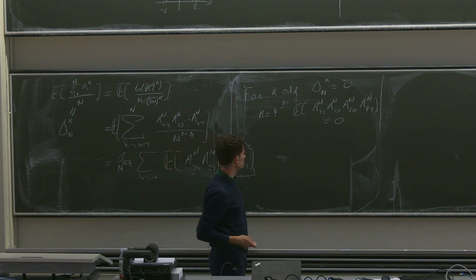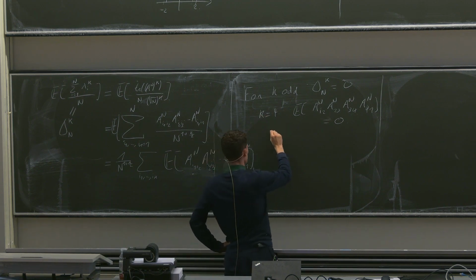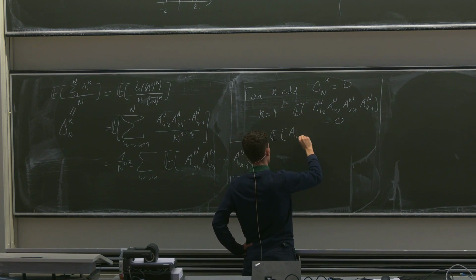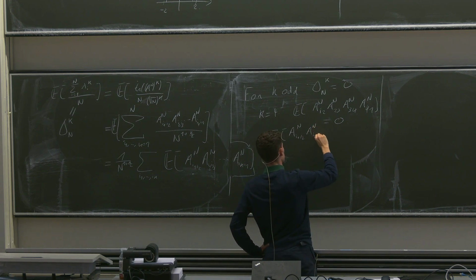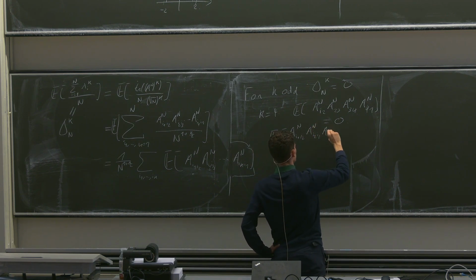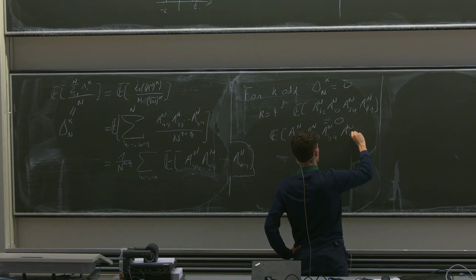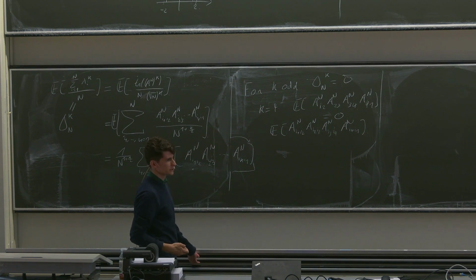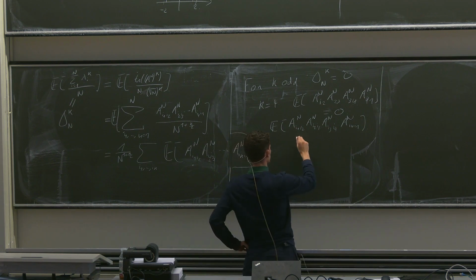So let's keep studying this case, k equals 4. In general, the term will be like this: A_{I1 I2}, A_{I2 I3}, A_{I3 I4}, and A_{I4 I1}. Now, what are the pairings you can make? I'm going to denote these entries by nodes.